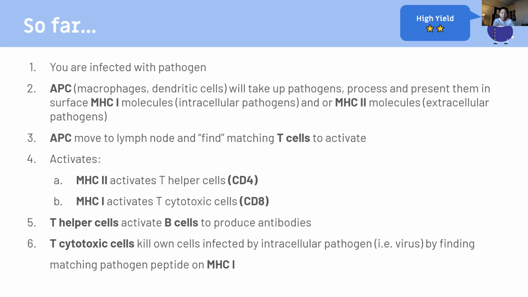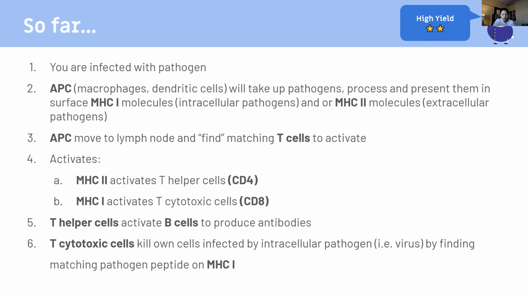Remember, MHC class 1 shows what's inside of the cell, and your MHC class 2 molecules show extracellular pathogens. So our APCs now move to the lymph node and find T cells with matching receptors, and they get activated.